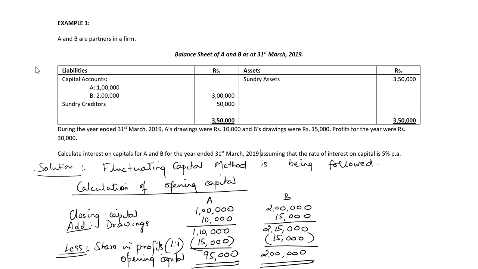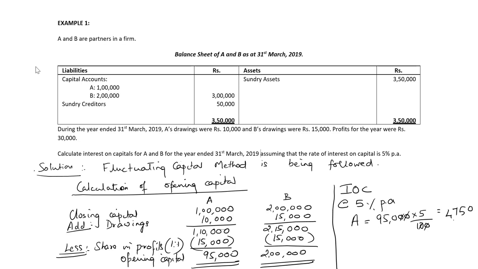Now let's go ahead and calculate the interest on capital for A and the interest on capital for B. IOC at 5% per annum. For A, it's 95,000 into 5 divided by 100, which is equal to 4,750 rupees.